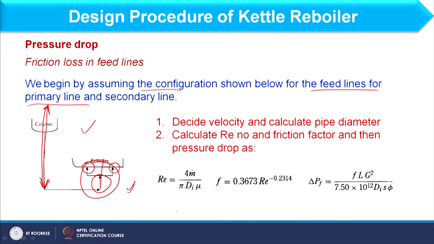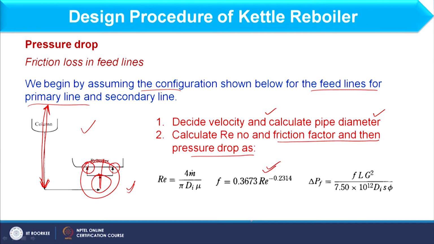To find that, we have to decide the velocity and calculate the pipe diameter. Which pipe diameter? The primary and secondary line diameters. Once I have the velocity, we can find out the Reynolds number, and the friction factor we can consider like this.